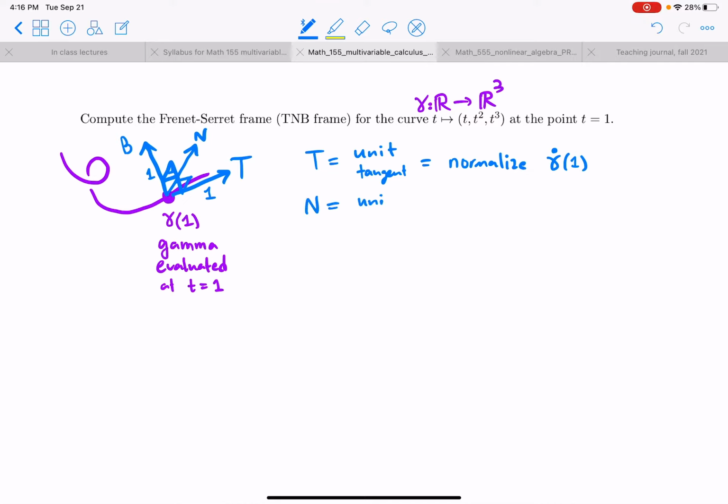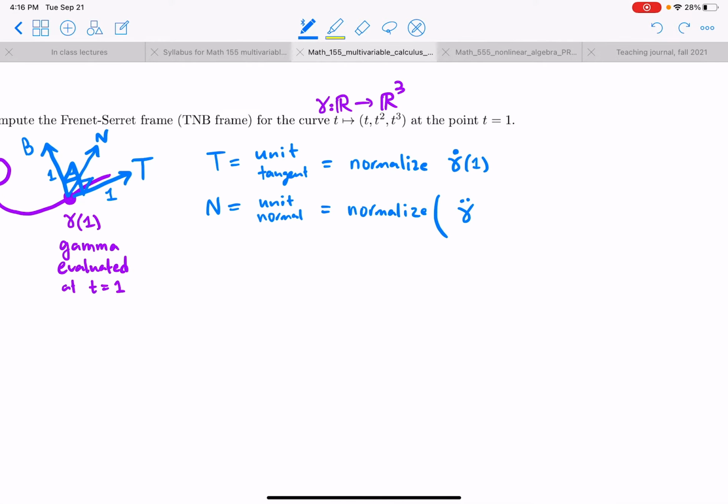N is called the unit normal, and it's equal to normalize, so make into a unit vector, what vector? The acceleration, and I'm just going to leave off the evaluate at 1, just to make it easier to write.